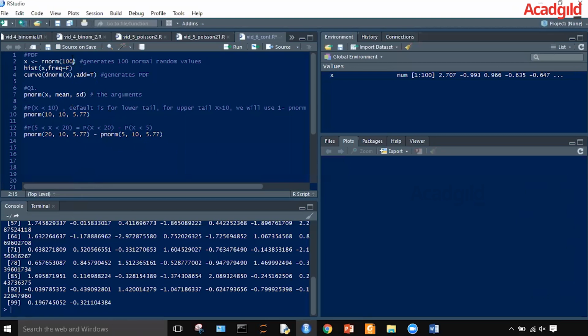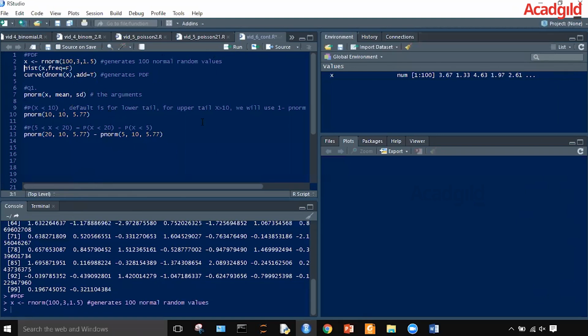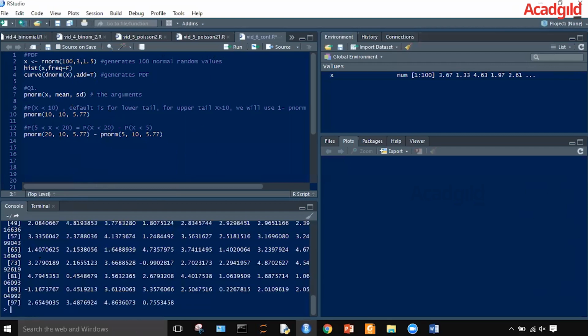Now, if I specify the mu and the sigma, we'll get the result accordingly. Now, the pnorm statement basically has three arguments, the first being x, the second being mean, and the third being standard deviation.